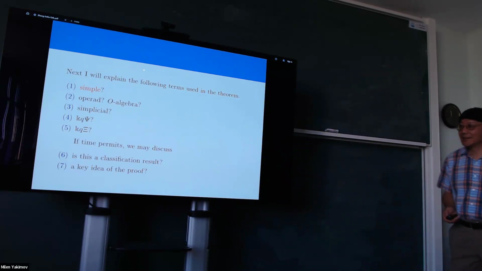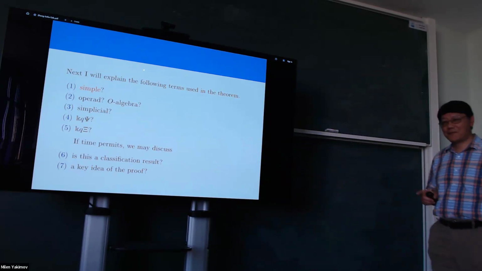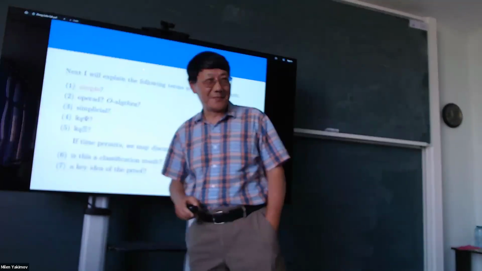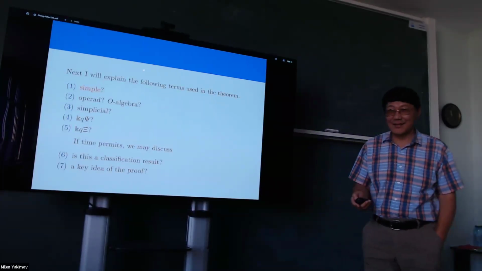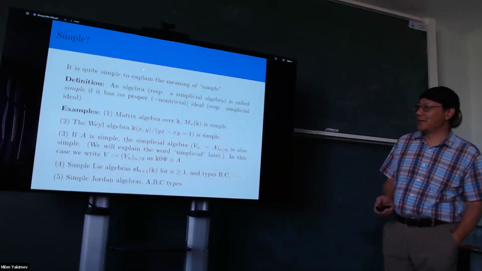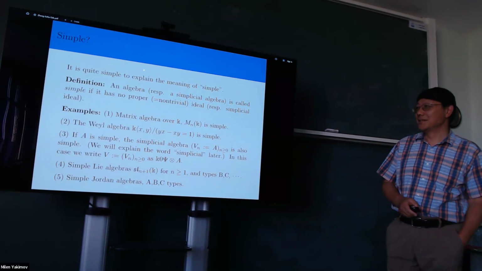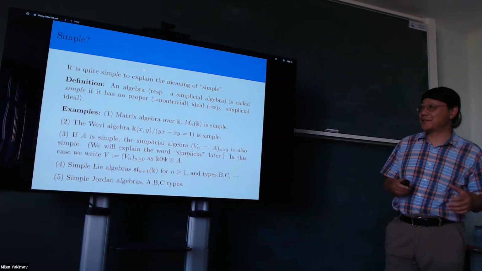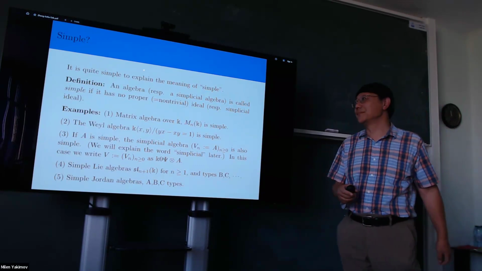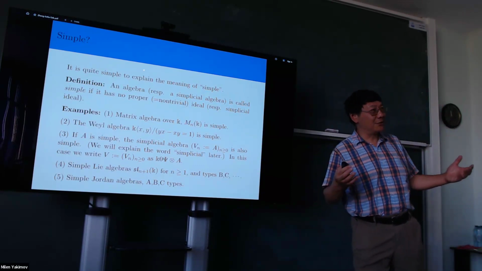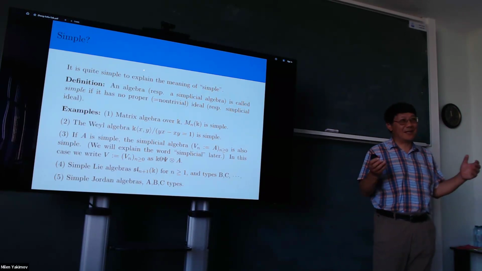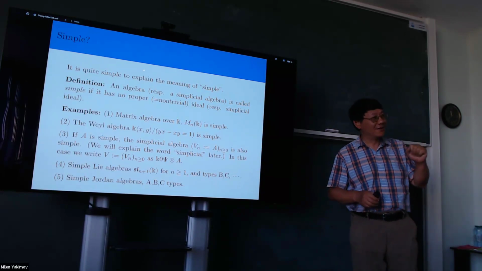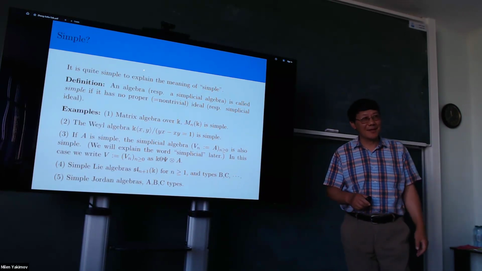That's the plan. Okay. So the first item I'm going to explain is the word simple. It is quite easy to explain. Here's the definition. We're talking about algebra, so let's think about associative algebra. What does a simple algebra mean? It just means there's no proper ideal. The only ideals are 0 or the whole ring itself.